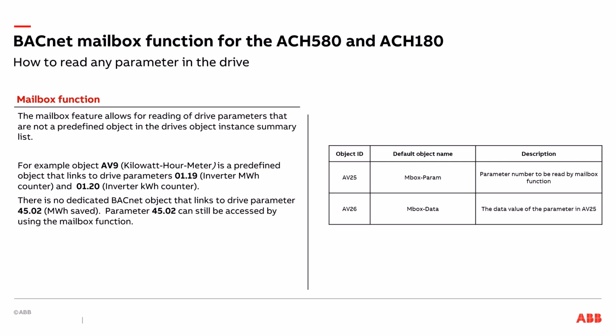So let's say you want to access the megawatt hours saved, which is the value in parameter 4502. Initially, you'd say, well, I can't do it because it's not in the BACnet object summary list. But in reality, by using the mailbox function, you can do that. We're going to do that by using BACnet objects AV25 and AV26.